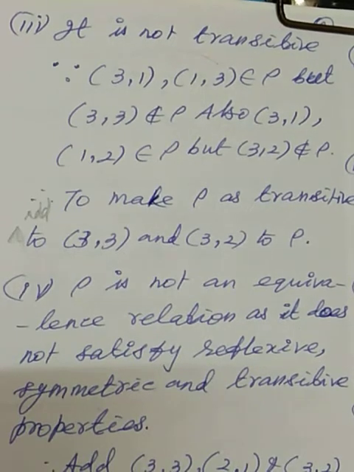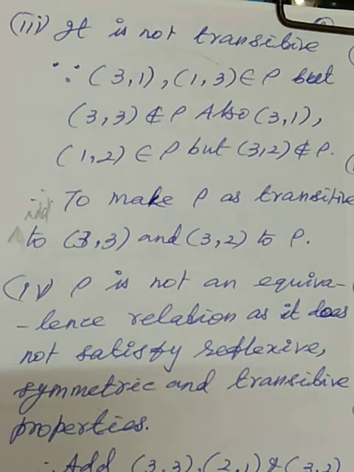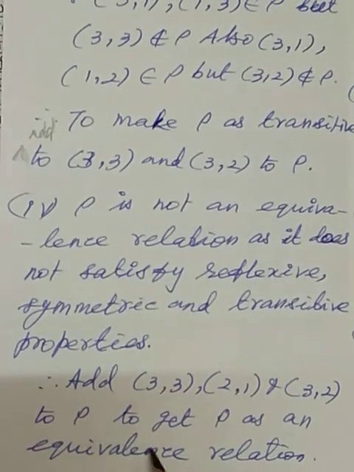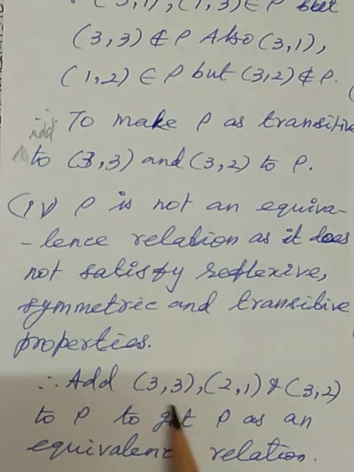But if you add (3,3), (2,1) and (3,2) to rho, you get rho as an equivalence relation. So to make rho an equivalence relation, these 3 ordered pairs are to be included in rho. That's all. This is a very interesting and important problem, and it is very easy for you also.